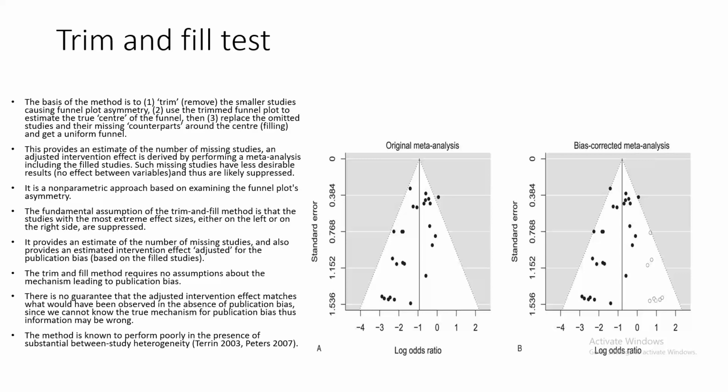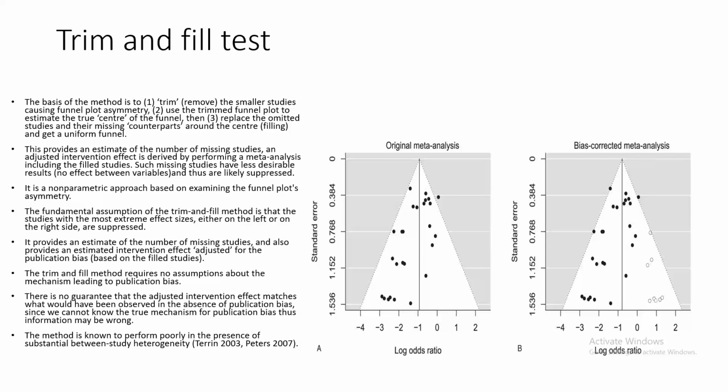So the trim and fill method is only going to tell you how to replace the omitted studies. Okay. So there are omitted studies, because on the right side you see there are lesser studies. They should have been there. The graph should have been uniform. It's not. So what the trim and fill is going to tell you is the number of studies which has to be fitted in to compensate for the omitted studies.